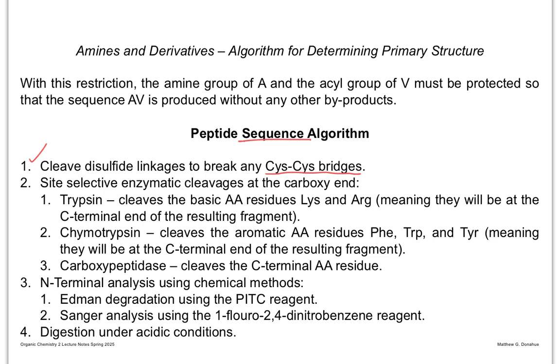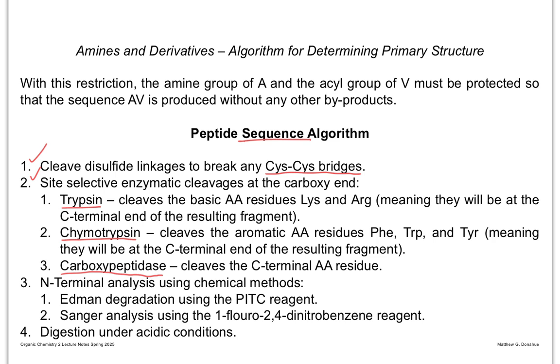The next thing we want to do is site-selective enzymatic cleavage using trypsin, which is selective for lysine and arginine, chymotrypsin, which is selective for phenylalanine, tryptophan and tyrosine, carboxypeptidase, that's selective for the C-terminal amino acid residue one at a time.